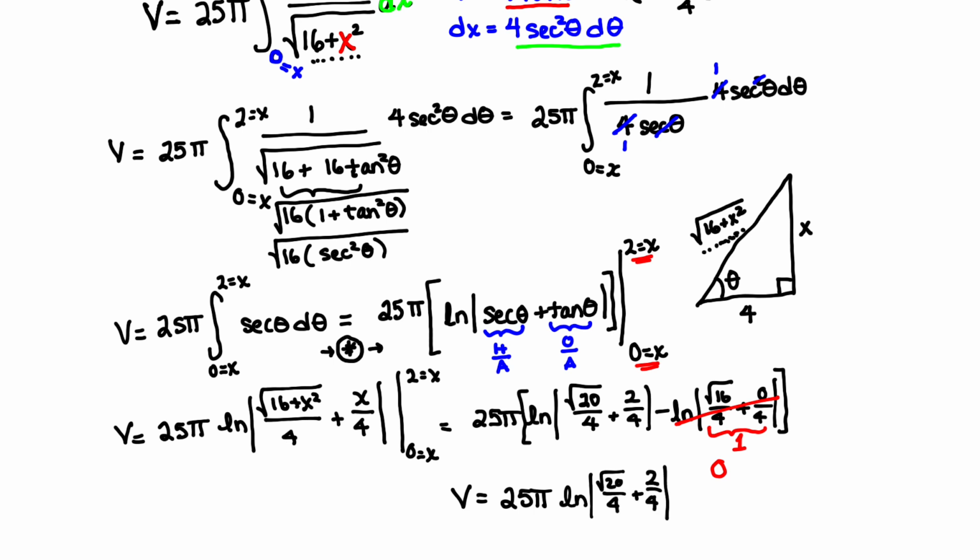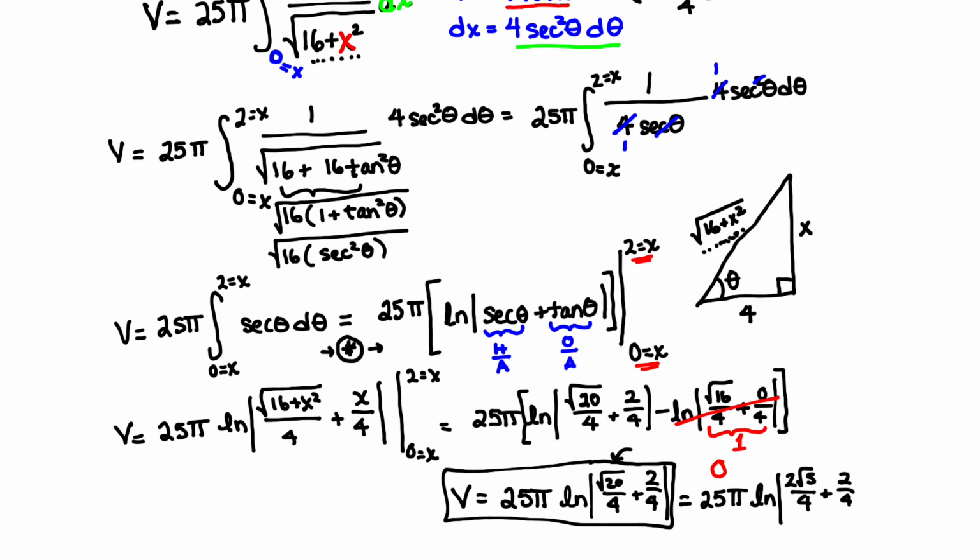We can put a lot of things together, but if you actually went one more step and wanted to simplify square root of 20 as 2 square root 5, make some cancellations, you should get, and see if this makes sense. So I'm just going to put that this is our answer, or if you want to go down and simplify a little more because you love math and you love to simplify things, you could transfer it down to be 2 square root 5 over 4 plus 2 over 4.